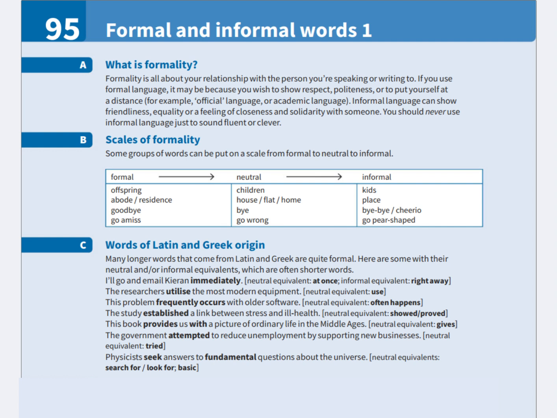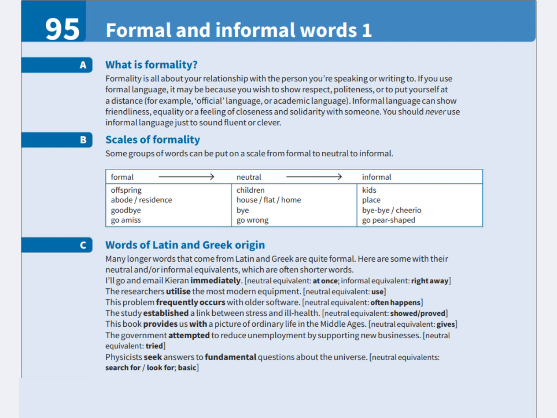For example, I will go and email Kieran immediately. The verb utilize is a formal equivalent of use. The researchers utilize the most modern equipment. The expression frequently occurs is more formal than often happens. This problem frequently occurs among older people.